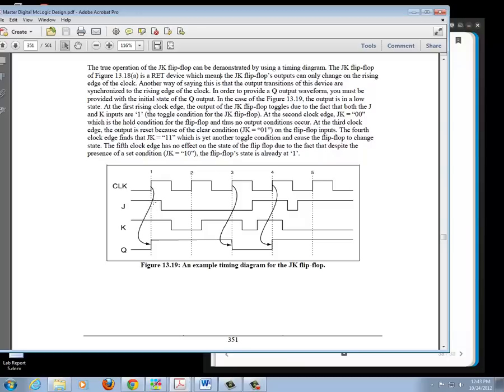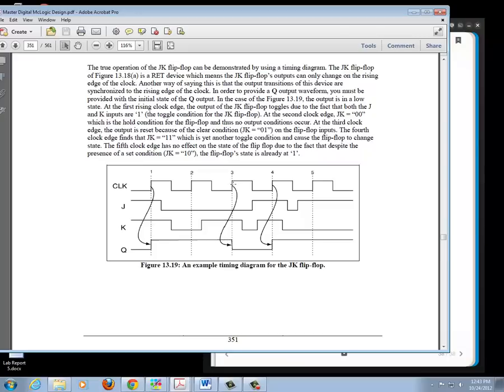J and K are both 1, which is the toggle condition. So whatever Q was, it becomes whatever it isn't. So Q was 0, it becomes a 1. We hold the 1 until the next edge. J is 0 and K is 0, which is the hold condition. So we hold Q as a 1. Because it was a 1 before the edge, it stays a 1.